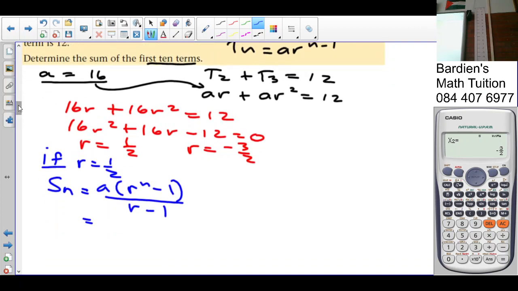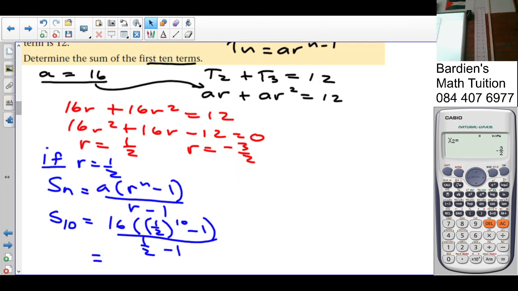So what's my A value? 16. So I'm working out the sum of 10 terms. So S10 is equal to 16 into R, which is a half, to the 10 minus 1 over half minus 1. What does that give us? Check here. Okay.